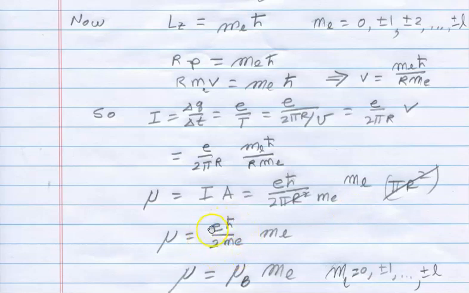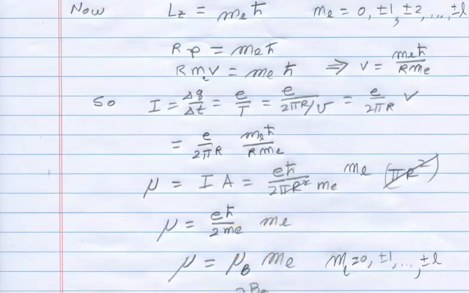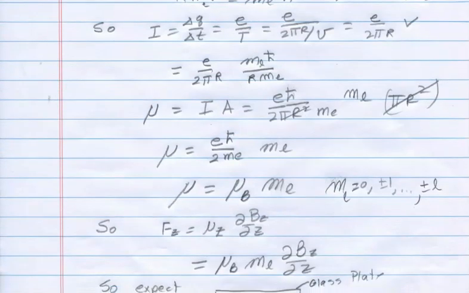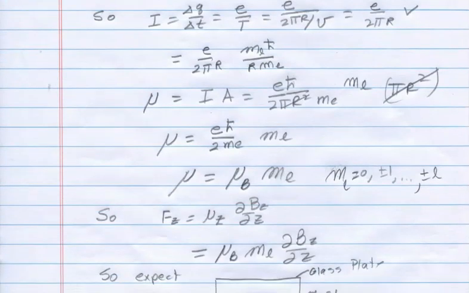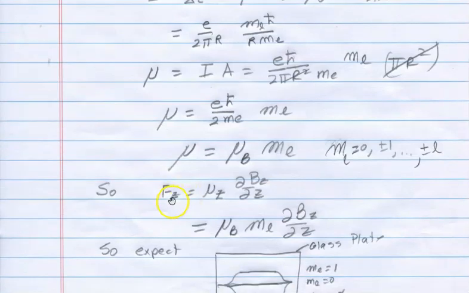We get that the magnitude of the magnetic moment is the Bohr magneton times m sub l instead of n. And that's all of it, since it's perpendicular. That's the z component. And so the force in the z direction is mu z times the derivative of B with respect to z. And then simply plug this in here.